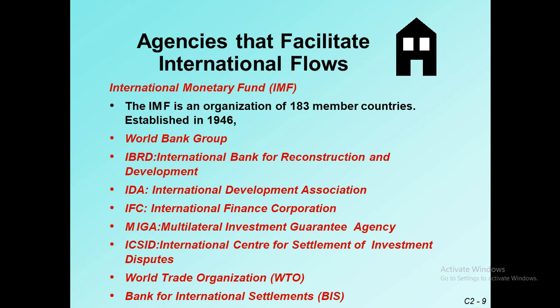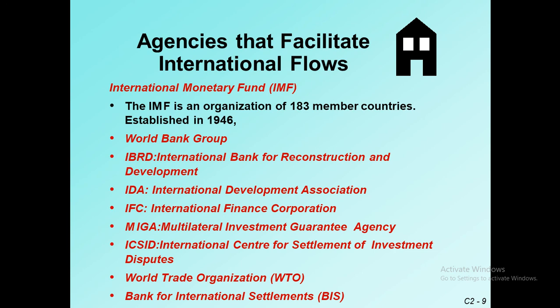At the heart of the WTO's multilateral trading system are its trade agreements. WTO functions include administering WTO trade agreements, serving as a forum for trade negotiations, handling trade disputes, monitoring national trading policies, providing technical assistance and training for developing countries, and cooperating with other international groups.